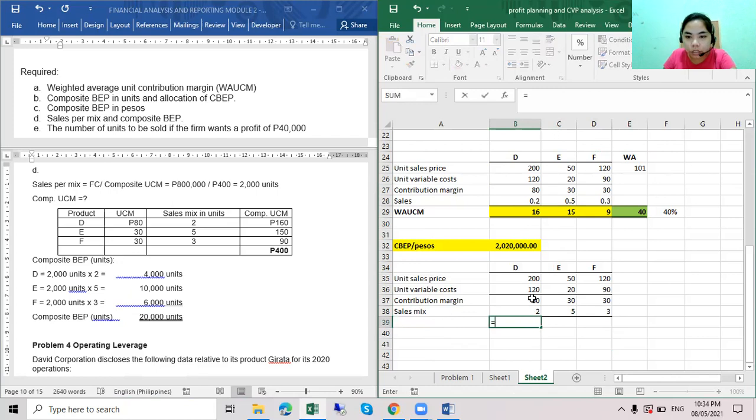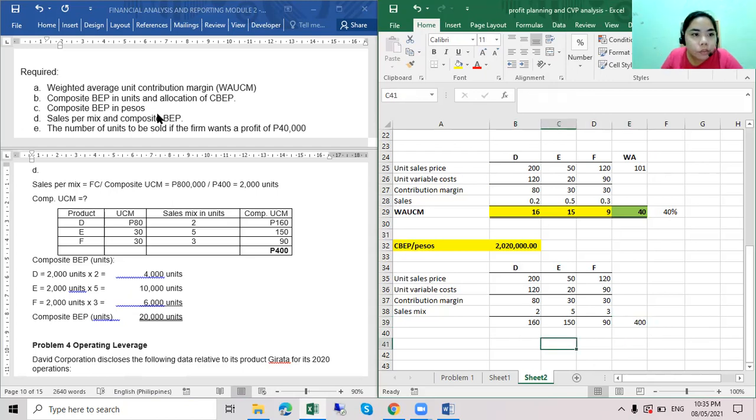So, this is 80. So, 160. Okay, mo niya nga contribution margin, no, sa tanan-tanan. And kung i-total ta, 400 pesos, no?